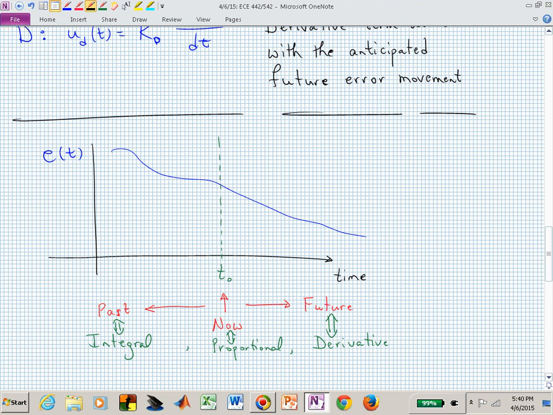You can sort of do this in stages. You can say, oh, I want the PI piece to give me 0 steady state error, and I want the derivative piece to try to help me with my transient behavior. The PID controller can do a lot for you in terms of changing the behavior of your dynamic system.